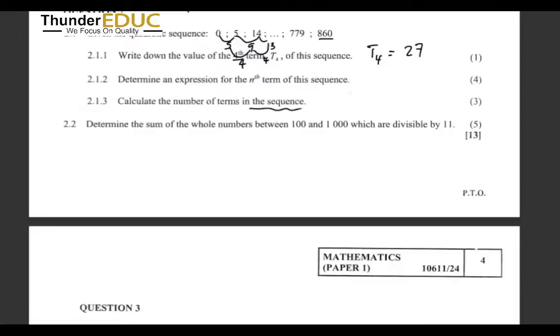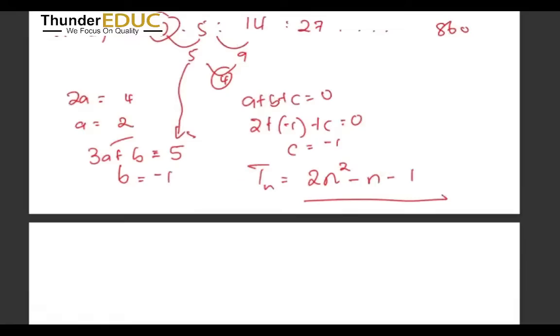Calculate the number of terms in the sequence. So for the number of terms, we look at the last term, which we have as 860. So our Tn is 860. We're looking for n. So that's going to be 860 is equal to 2n squared minus n minus 1.